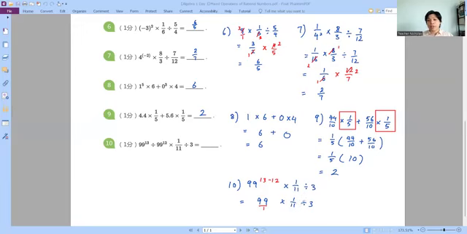Here, 99 and 11, I can simplify both by dividing by 11. Okay, I end up with 9 divided by 3, which simply is going to give me the answer of 3. Okay, let me just rewrite this right here. 9 divided by 3, my answer is 3.